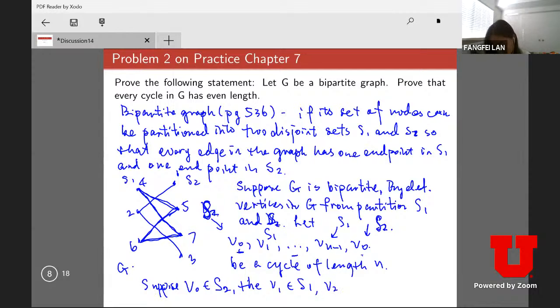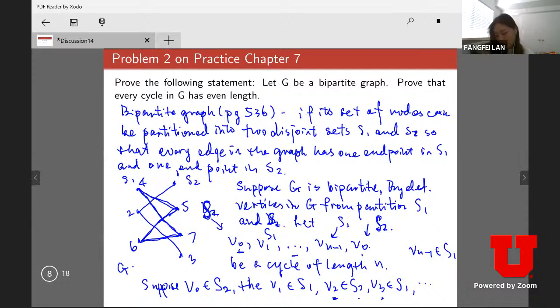And we keep going, V2 is in S2, V3 is in S1 again. And we go to Vn minus 1, that is in S1, right? So you see that the even vertices belong to the even set, like S2, and the odd vertices, V3, V5, V7, belong to S1, the odd set.